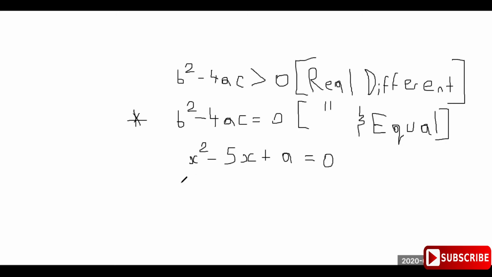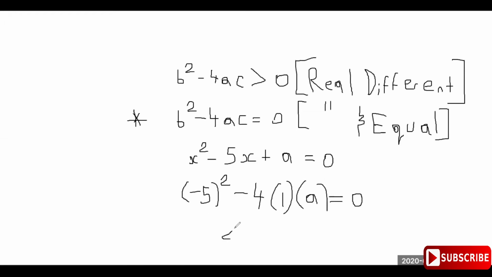Therefore b squared is negative 5 squared, minus 4 times the coefficient of x squared, which is 1, times c, which is a, and we set that equal to 0. Negative 5 squared is 25, so we have 25 minus 4a equals 0.